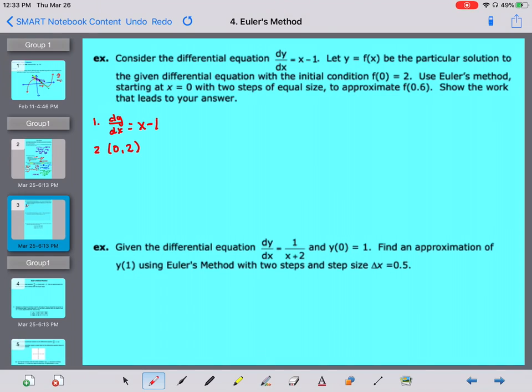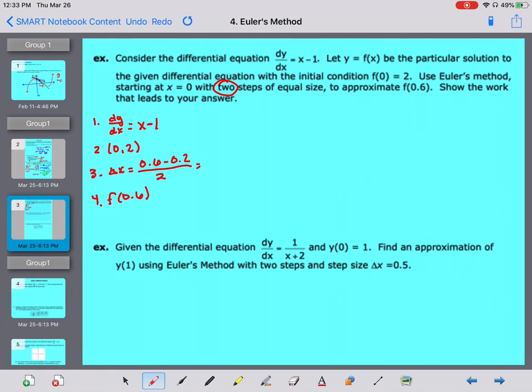Use Euler's method starting at x equals 0 with 2 step sizes, so my n is going to be equal to 2, to approximate f of 0.6. So my fourth thing that I need here is what I'm approximating, f of 0.6, which lets me calculate my change of x, which is what I need. Where I want my endpoint minus my start point over the step sizes, which was 2.